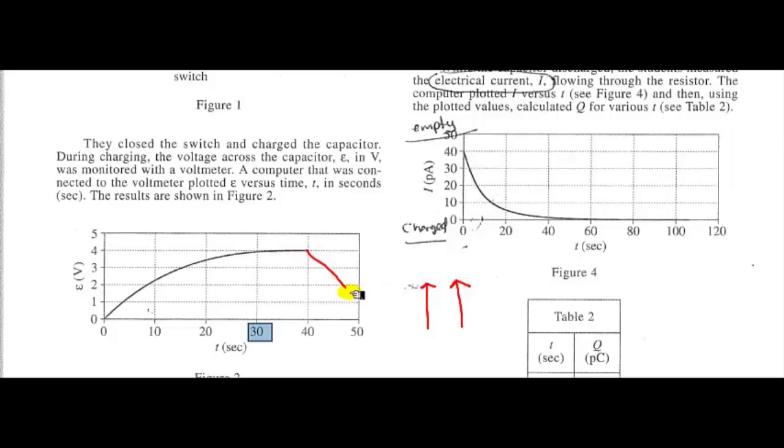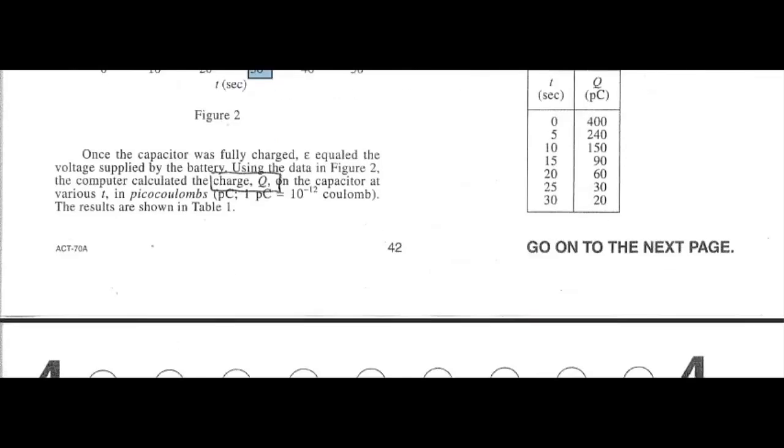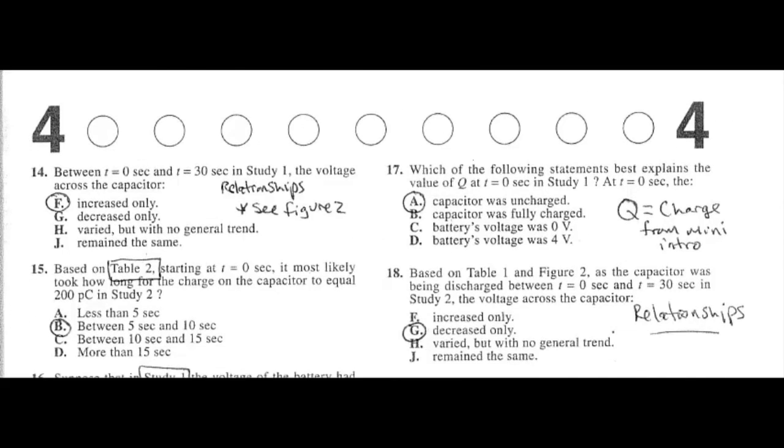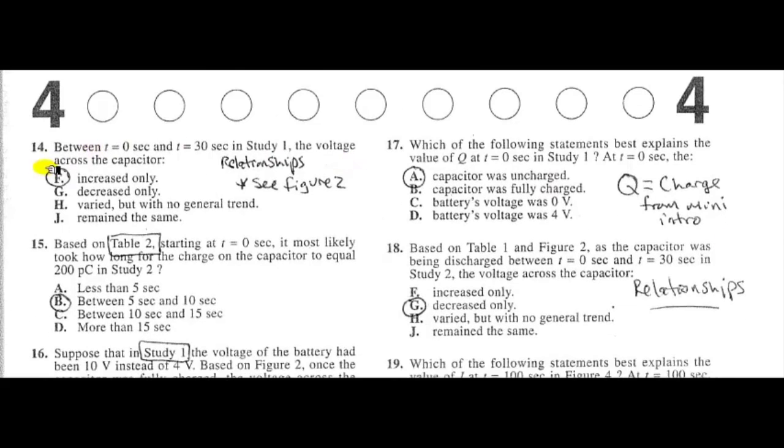It does not go down, it just kind of levels off. So the relationship is direct, or positive. When you come down over here, you find an answer choice that says increasing only. That will lead you to answer choice F. Remember, if they ask you about some information here, you might need to define what it means by looking at the x or y axis and then going back up into the mini paragraph to see how it's defined. 14 is F.